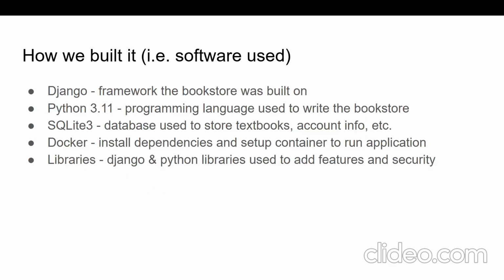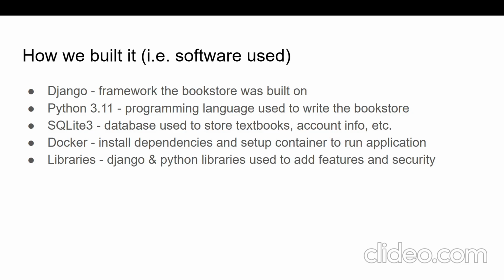We built the project on a Django framework, which was really useful for us in the end. We coded in Python and we used a SQL database to store things like the textbook information and the account information.